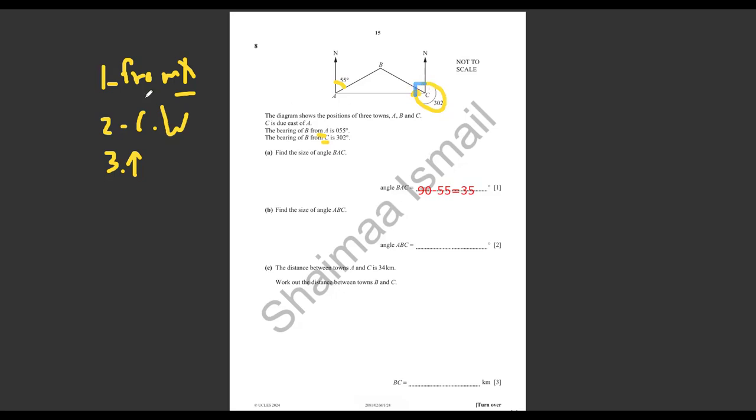Here, this angle, you need ABC. So this angle, you needed this angle, A, B, C. If we need this, we first have to get this.